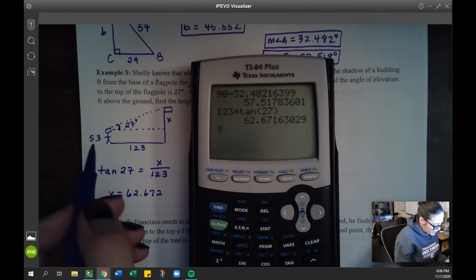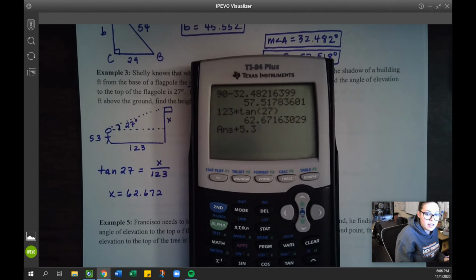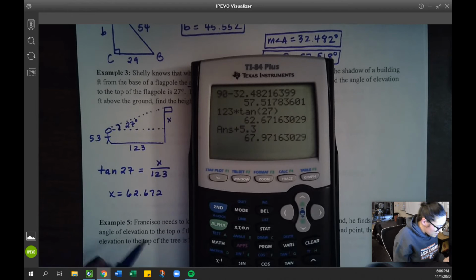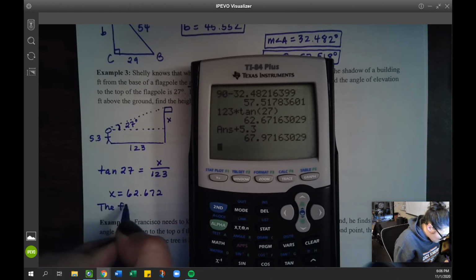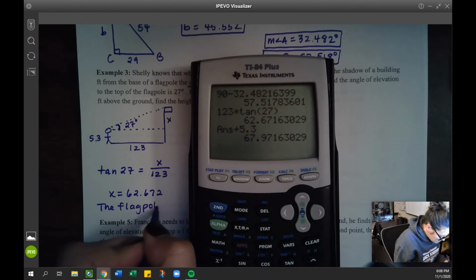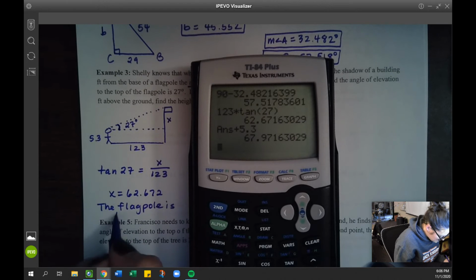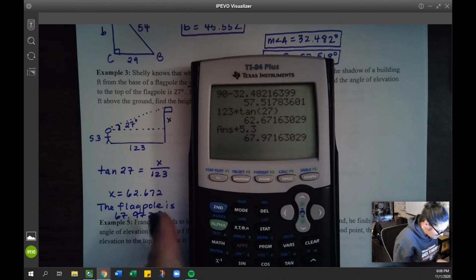But then I have to add 5.3 to account for Shelley's height. So the flagpole is 67.972 feet tall.